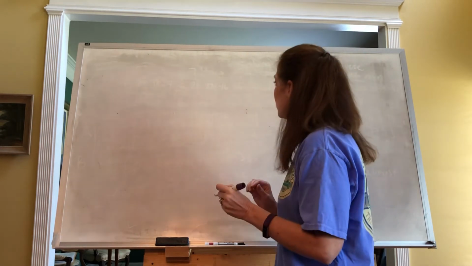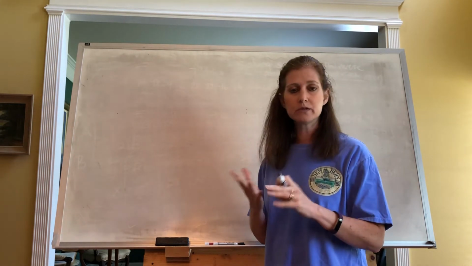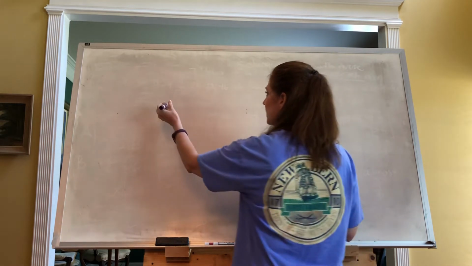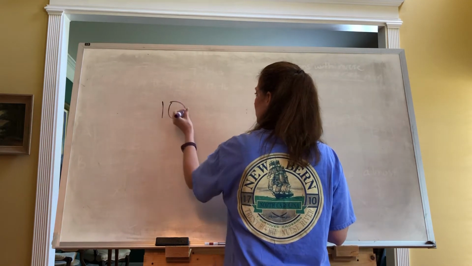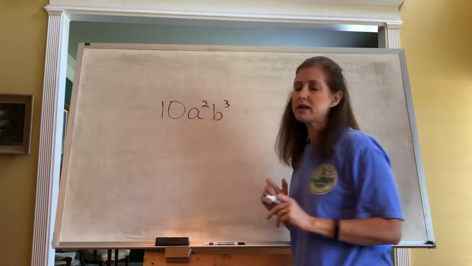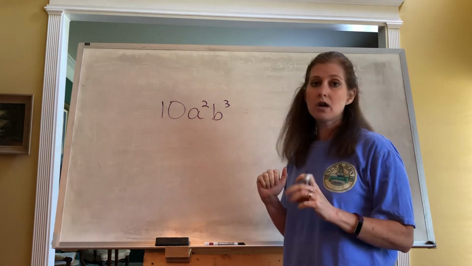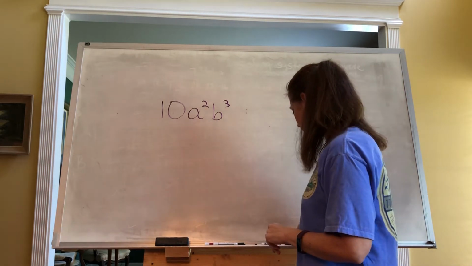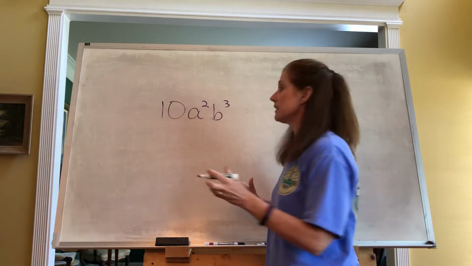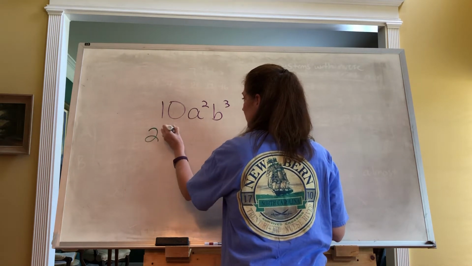If you remember, we called the algebraic terms monomials, binomials, trinomials. And so if we had this monomial right here, we can break this down, and we're looking for, if you remember, what prime numbers are. And so we take that 10, and we're going to get it down to the lowest we can do, 2 times 5.